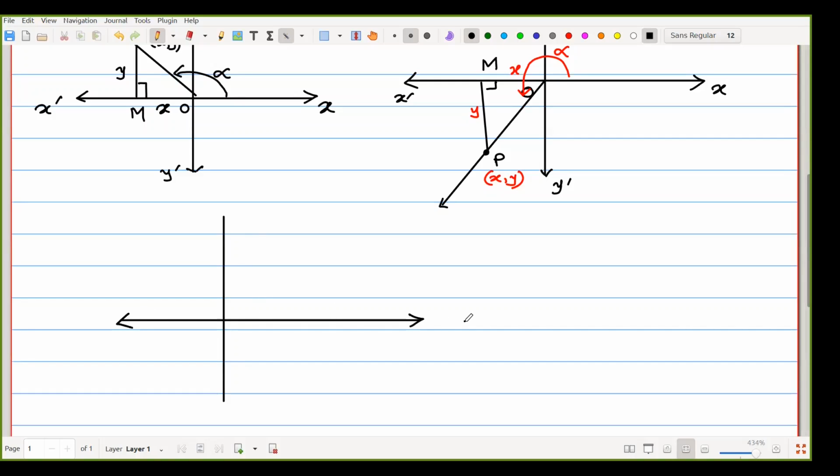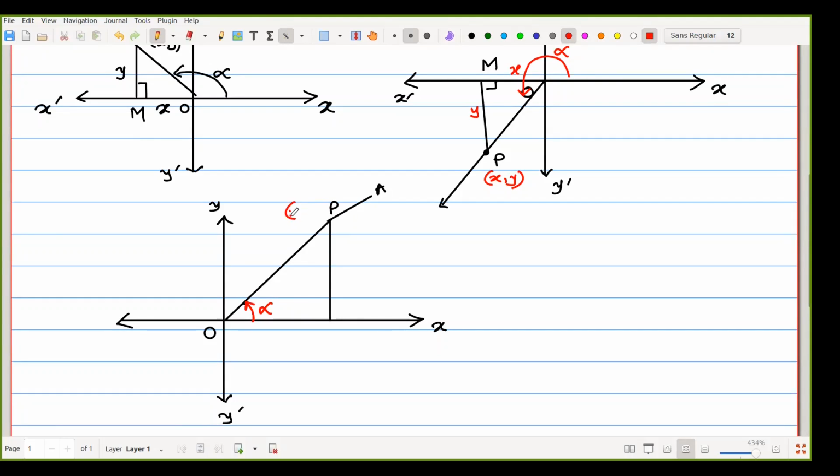Like that is x, that is y, O is the origin, that is y dash. Now it may be like that. That is P is here, that is our A, that is our angle of reference or alpha.